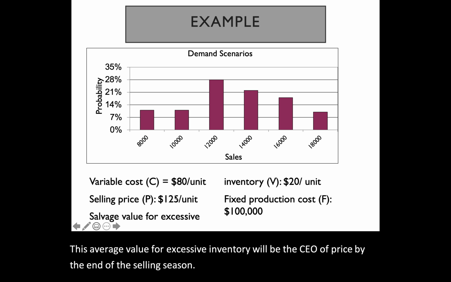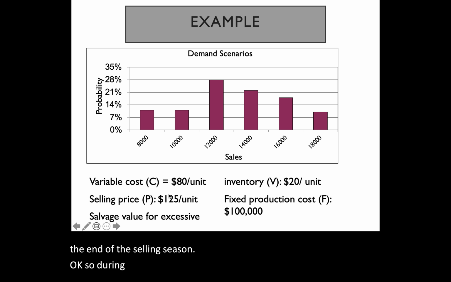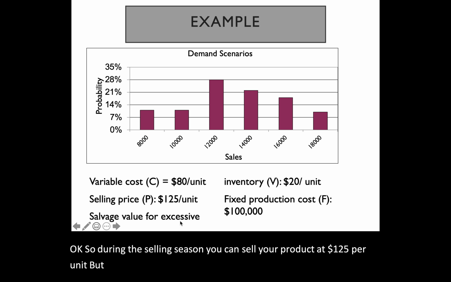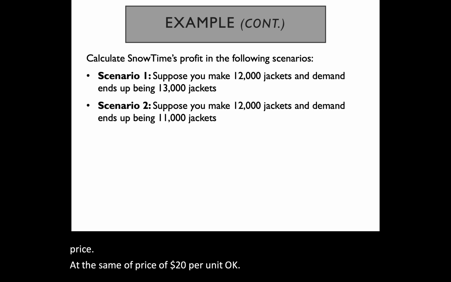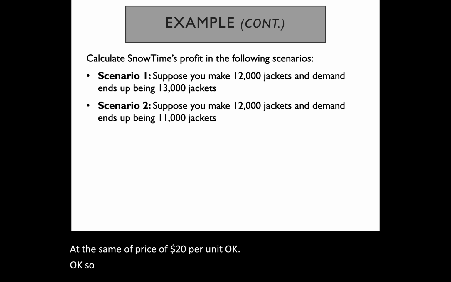So during the selling season, you can sell your product at $125 per unit, but by the end of the selling season, you need to lower your selling price to the sale-off price of $20 per unit. Okay, so the goal is to calculate the Snow Time profit in the following scenarios.